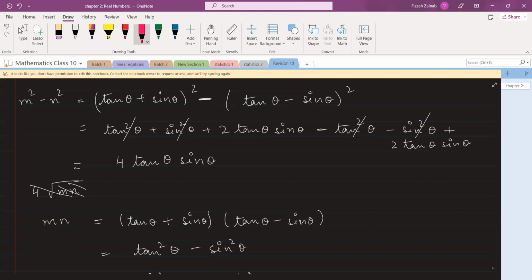They are basically trigonometric ratios. Hamna, have you done the 12th and 13th question? Yeah, can scroll down.